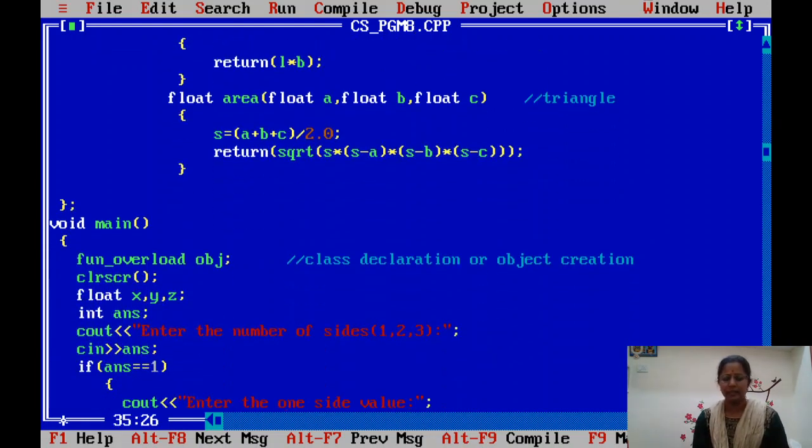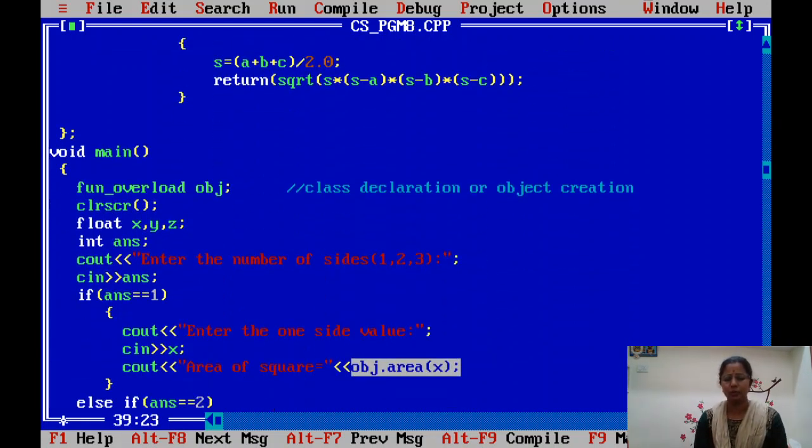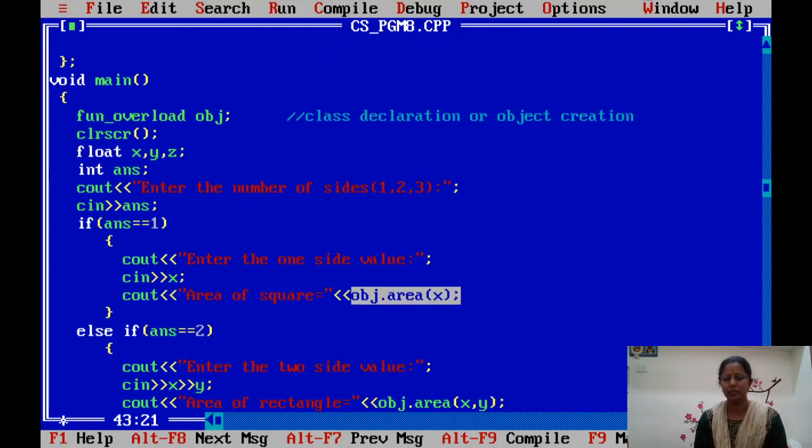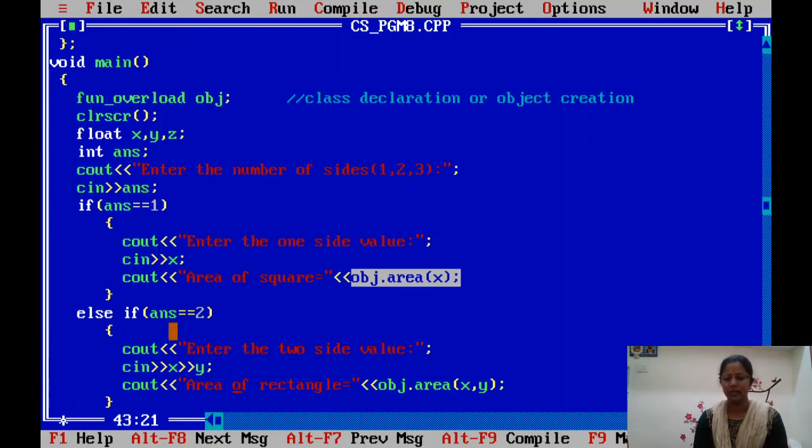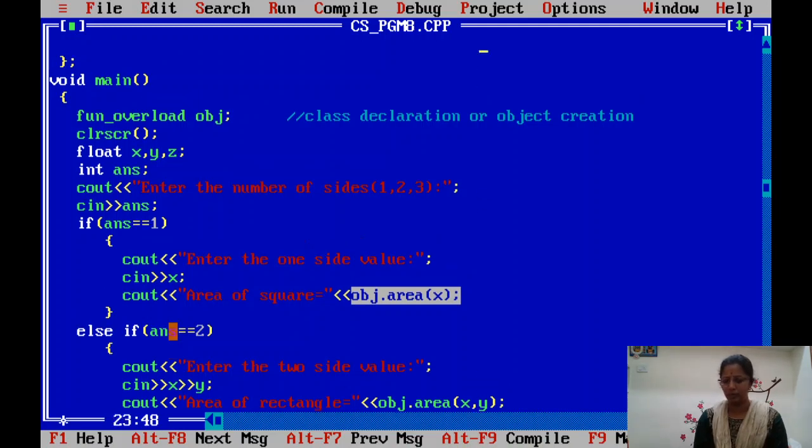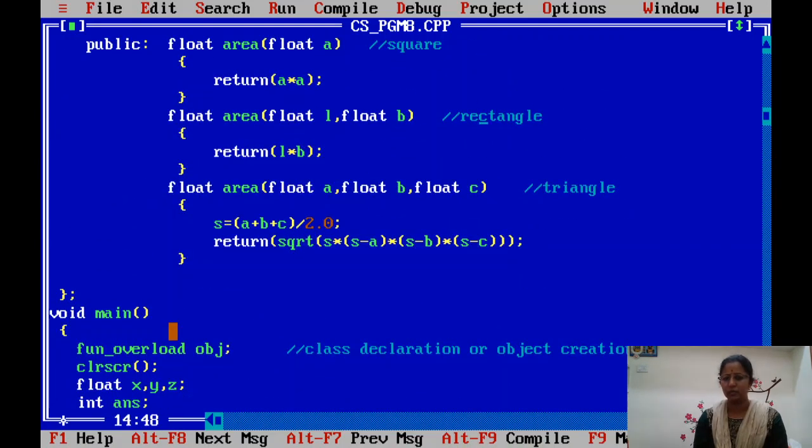Then suppose the answer is 2, your control will come to the second condition, not the first condition. Then how many sides should you enter? 2 sides. What are they? X and Y. When you are giving 2 sides, what are we finding? We are finding the area of a rectangle; that X and Y value will be copied. That value invokes the function with 2 arguments.